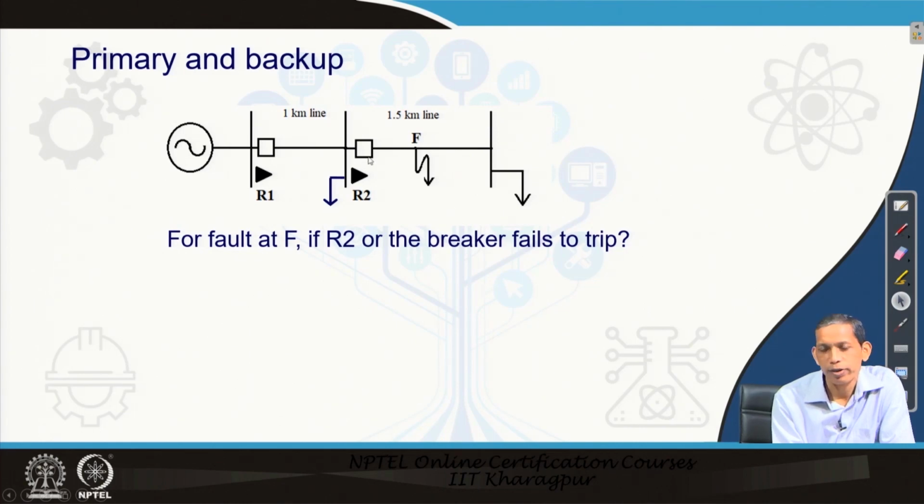That means the fault will continue, leading to damage in the system and issues with life security. So, in case of a failure of any protection scheme, there must be a backup. For this fault, R2 is the primary, and the backup should be provided by R1 and the corresponding circuit breaker arrangement.